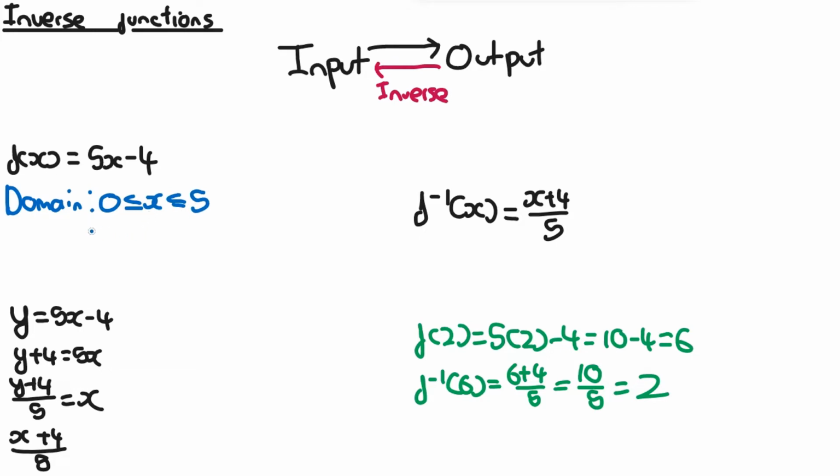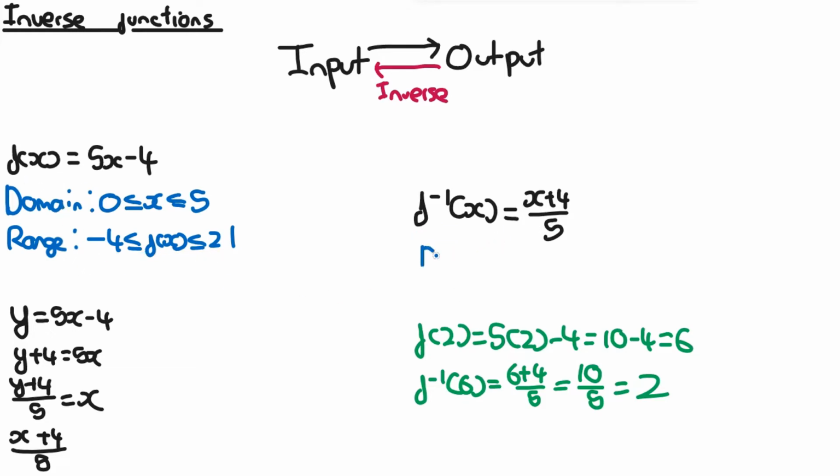And if you figured it out, the range of f(x) here would be between -4 and 21. We talked about how to find ranges in the more on functions video. So for the inverse, the domain would be the range of f(x).